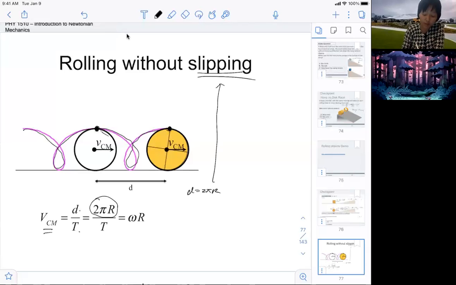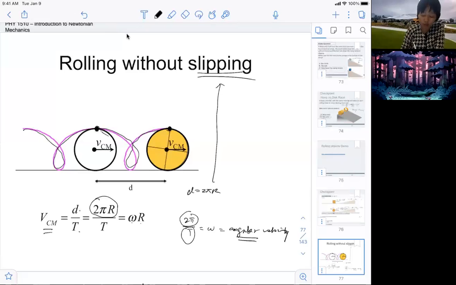So if d is equal to 2 pi r, then 2 pi r divided by t gives you omega r, because 2 pi over t is omega. Omega is your angular velocity, describing the change of your position over time. If you go all the way around, one round, that's 2 pi in the period of t amount of time.